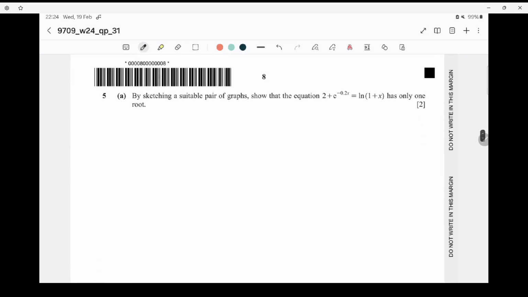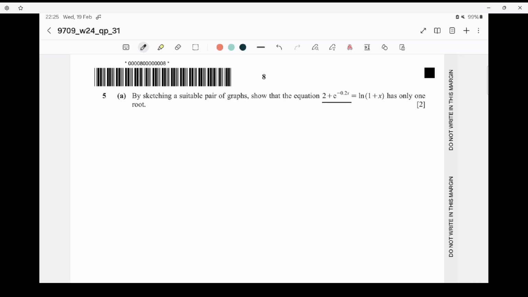Question 5. Sketching a suitable pair of graphs, show that this equation has one root. So before you sketch, you need to realize that for the left part, you have a horizontal asymptote at y equals 2.